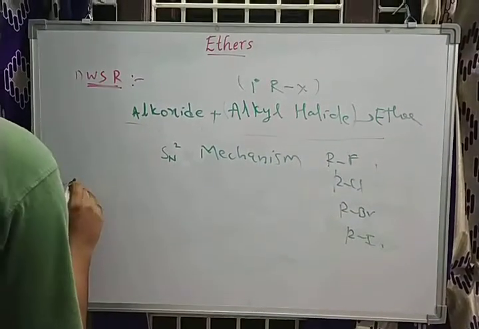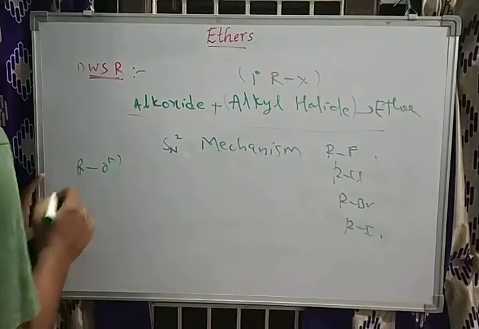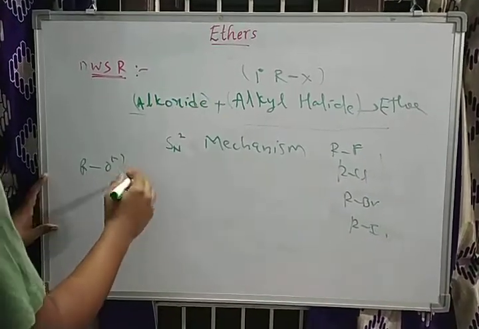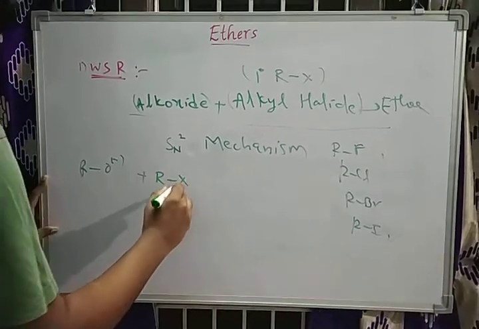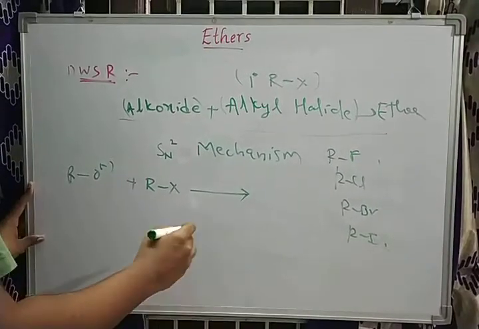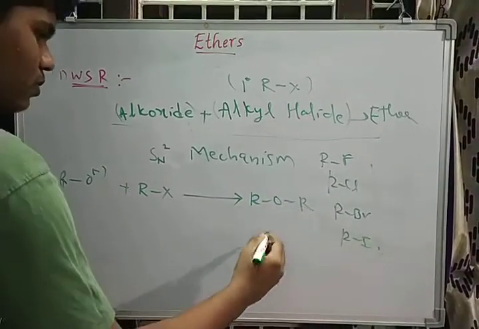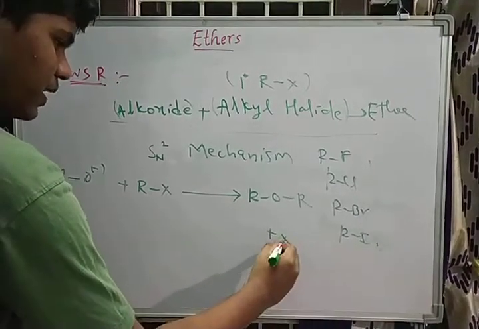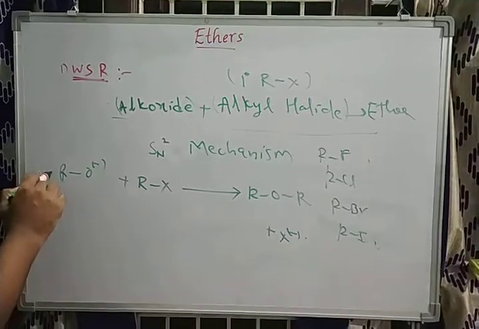This structure is RO minus, the alkoxide ion, plus RX gives you ROR plus X minus. So this is the reaction actually.